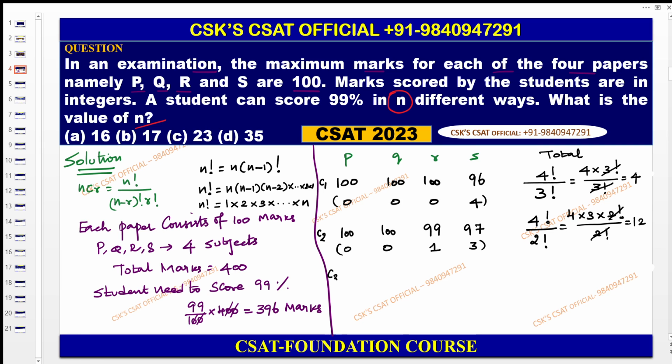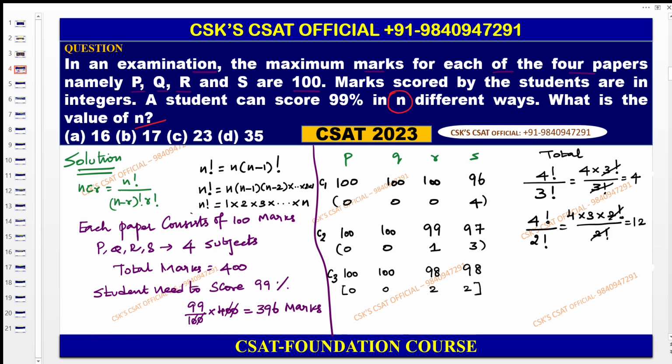Now let us move on with case 3. So what is case 3? You can lose your 4 marks as 2 marks and 2 marks. Here he is scoring centum, 100. Here he is scoring 100, and here losing 2 marks, which means 98 marks. So 0 marks is losing here, 0 marks here, 2 marks here, 2 marks here, totally 4 marks is losing.